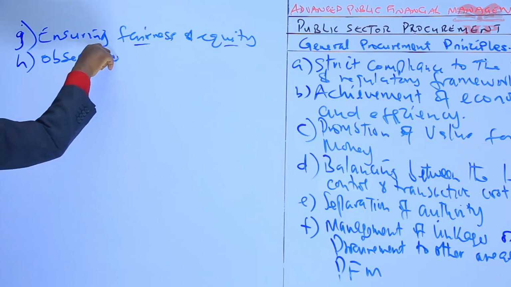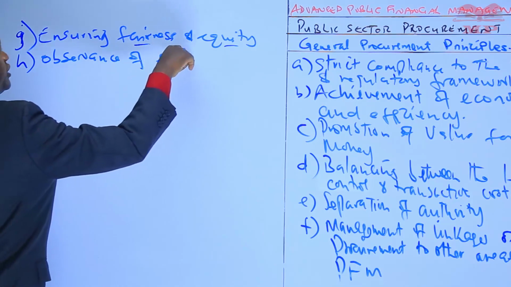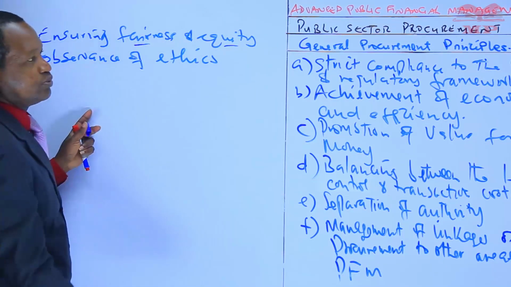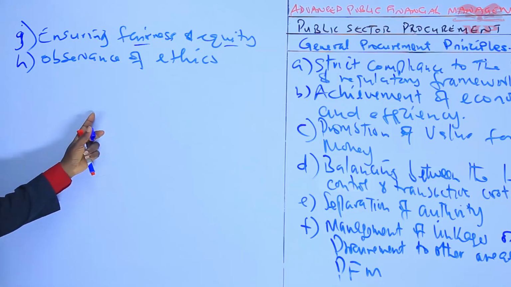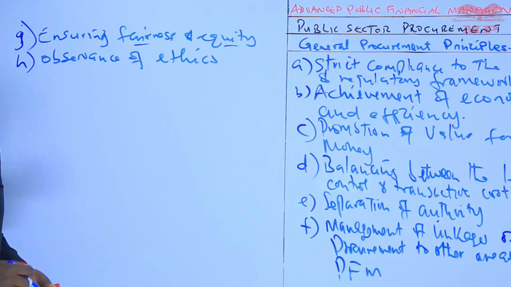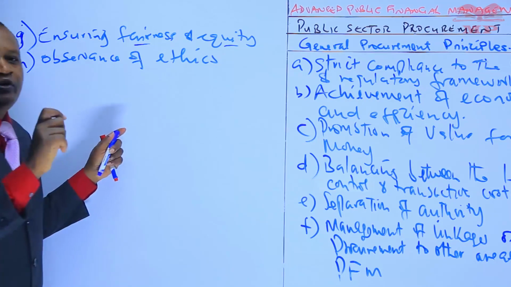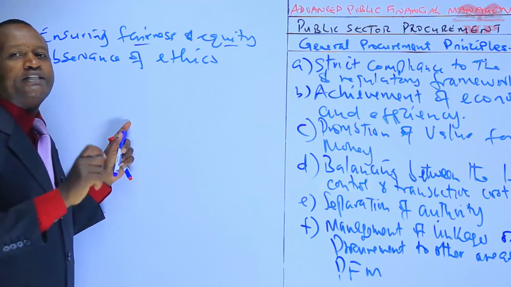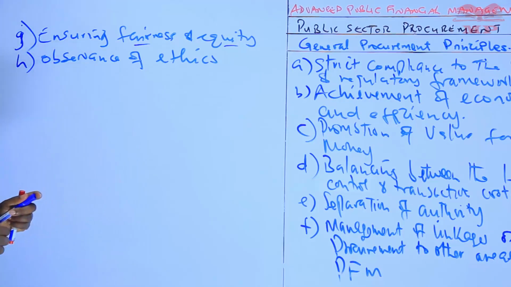Observance of ethics is yet another general procurement principle. Observance of ethics in all aspects of procurement and ensuring procurement practice is devoid of actual or perceived corruption.